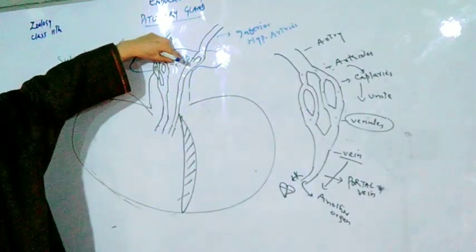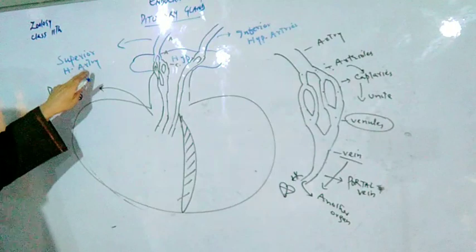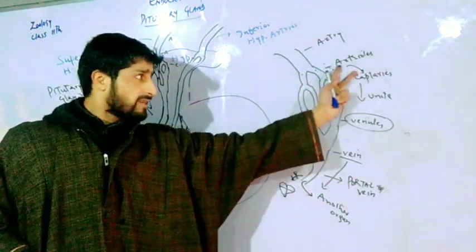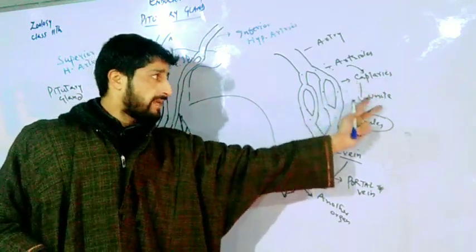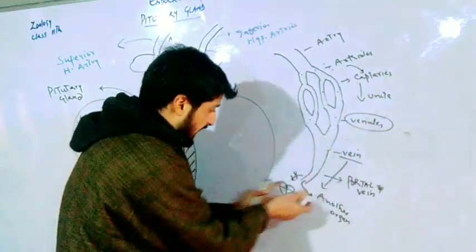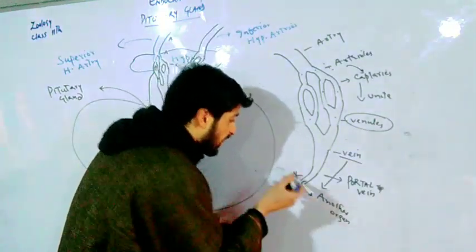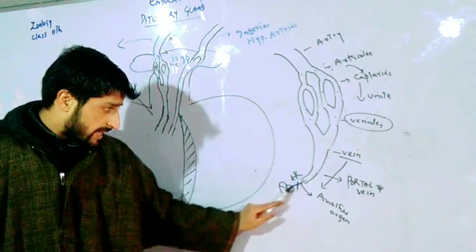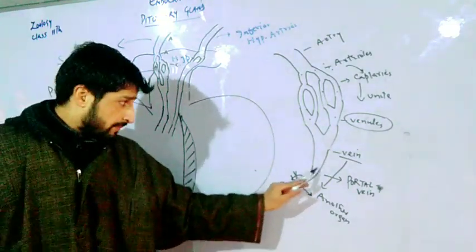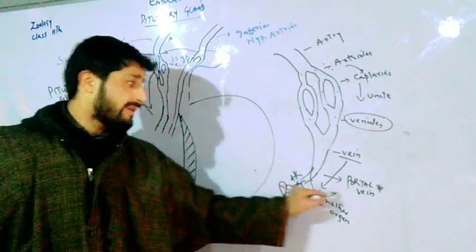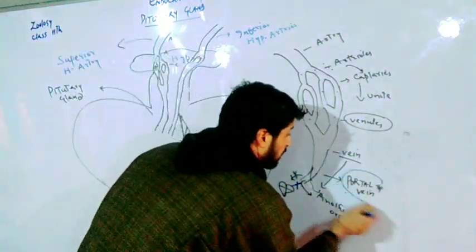Here, the hypothalamus is supplied by arteries. You know that arteries divide into arterioles, arterioles divide into capillaries, capillaries unite to form venules, venules unite to form a vein, and the vein takes blood back to your heart. But if the vein does not take its blood back to the heart and takes it to another structure, that vein is called a portal vein.